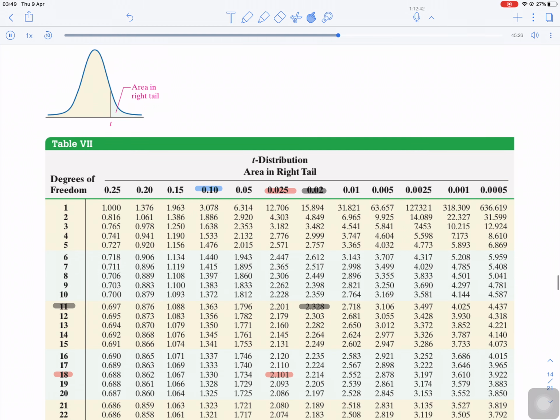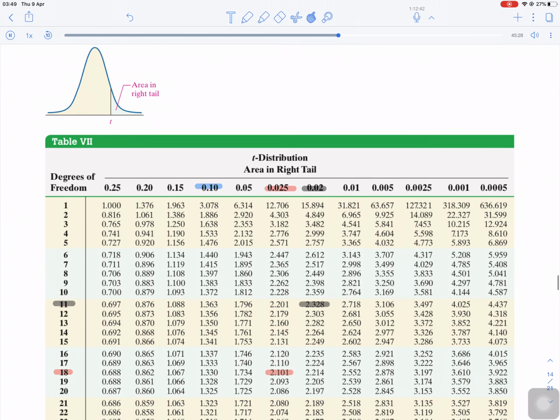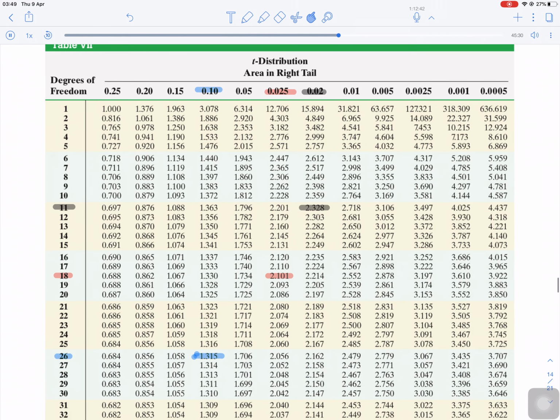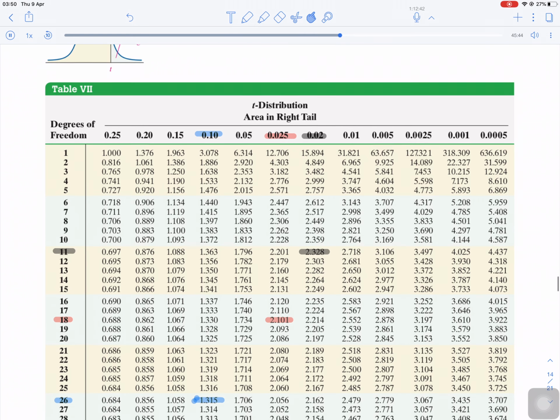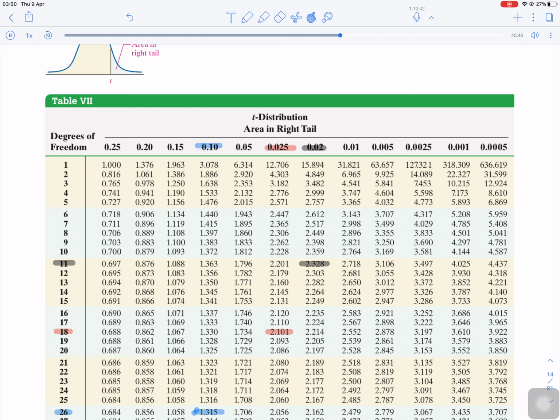In the bigger space of the table you see the values associated with those degrees of freedom and the area in the right tail. So you read the table paying attention to the area given in the right tail. We'll see how this works as we work through the practice problems, which I will show in another video.